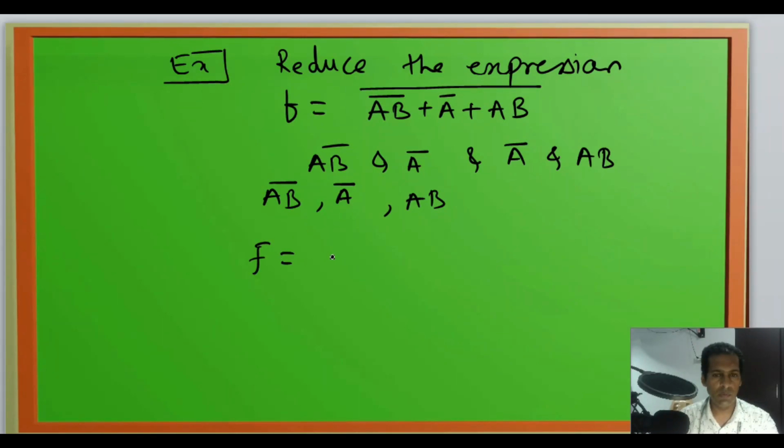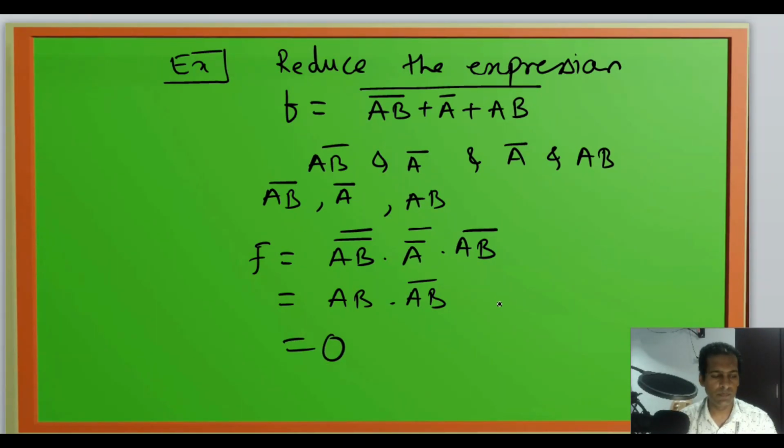So f will be equal to ab double bar into a double bar into ab bar, right? So here we get ab into ab bar, this will become 1 into 0, so the whole term will become 0. This is one method.